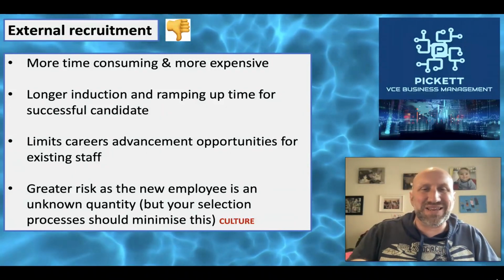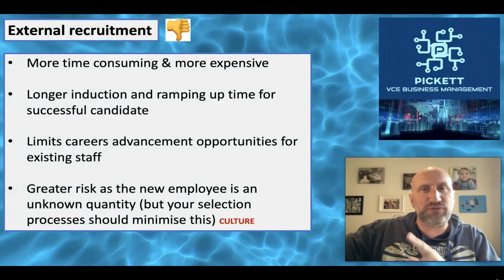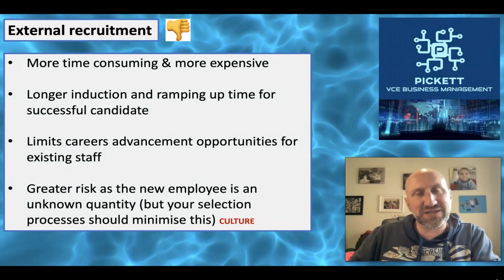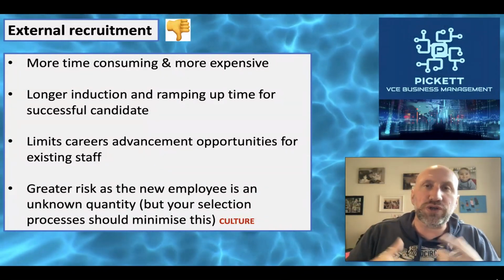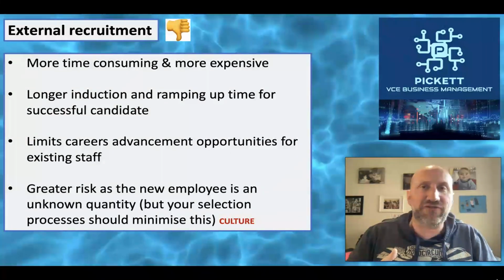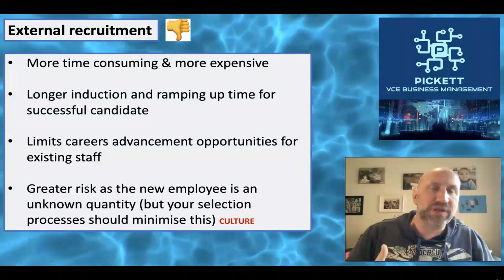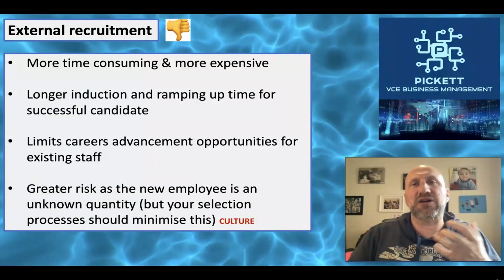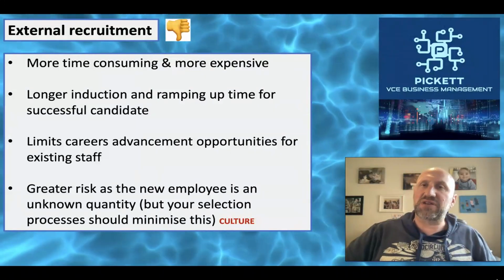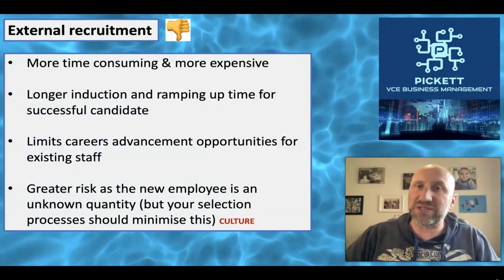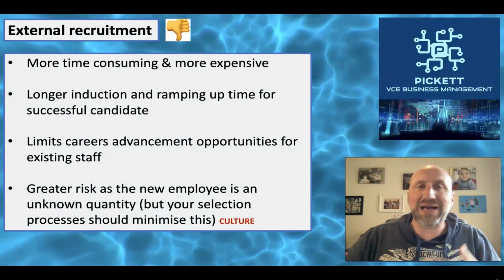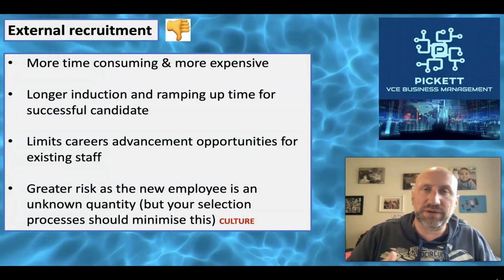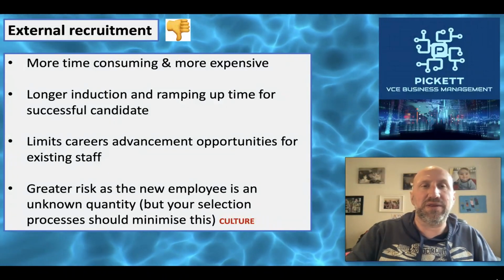But the caveat to that is that your selection processes, which we'll look at in the next key knowledge, should minimize the risk of getting a wrong hire. But you can minimize the risk, but I would say there's still a greater risk of things going wrong if you're going to bring someone in from outside as compared with bringing someone along who's already within the business.